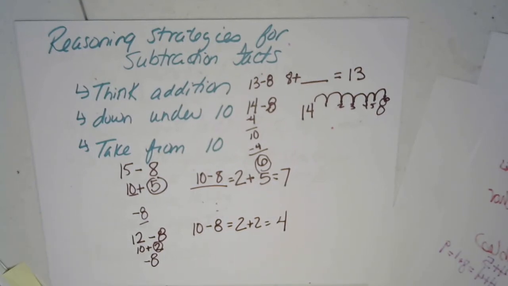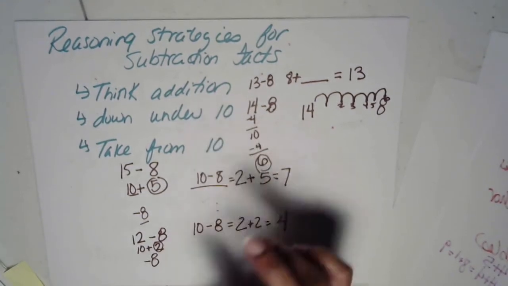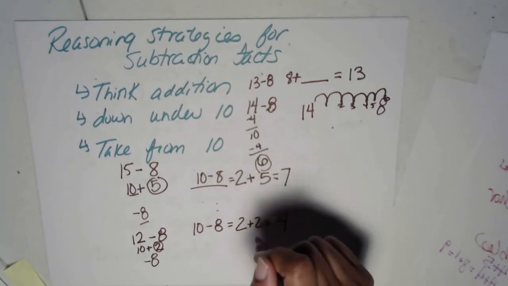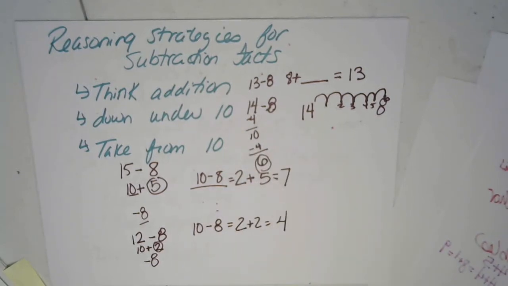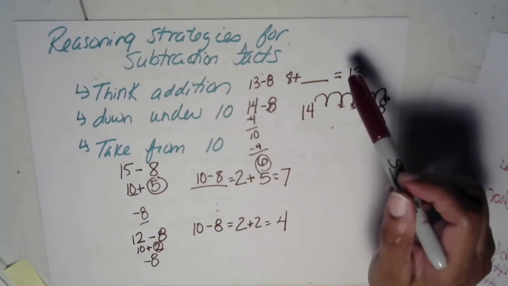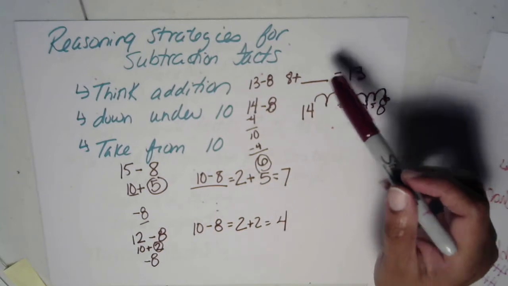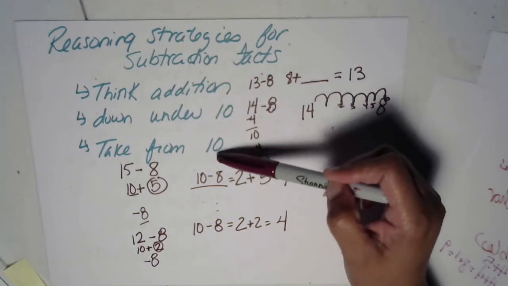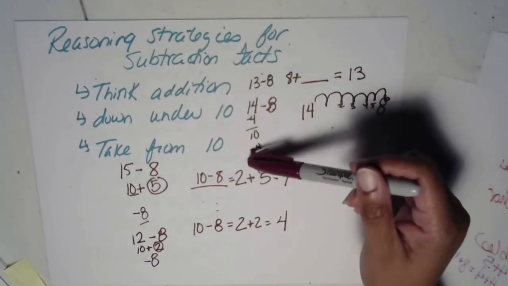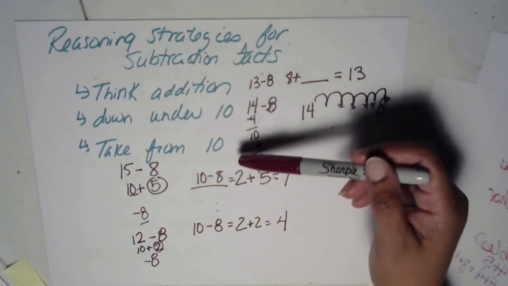Again, it's not about what you're comfortable with. All you need to be comfortable with is that the research says that countries that are doing math correctly do it like this. Then you need to be confident when you present it to your students and make sure that you're accurate. You want to provide them all of the reasoning strategies for subtraction so that they can pick the one that works best for them.